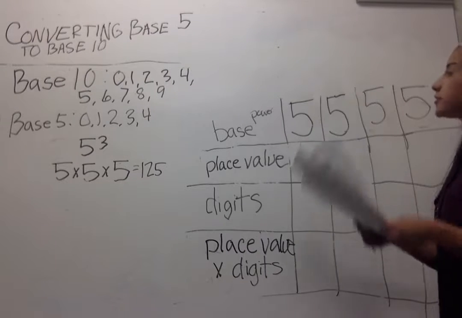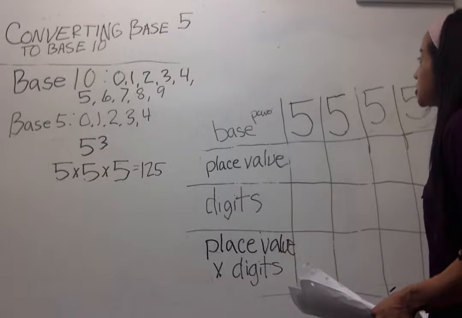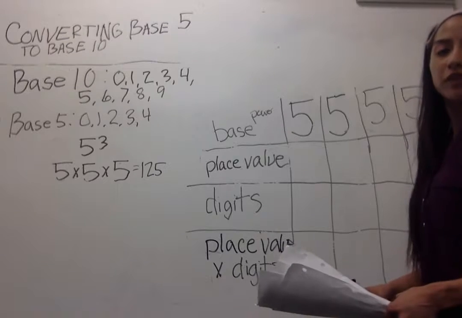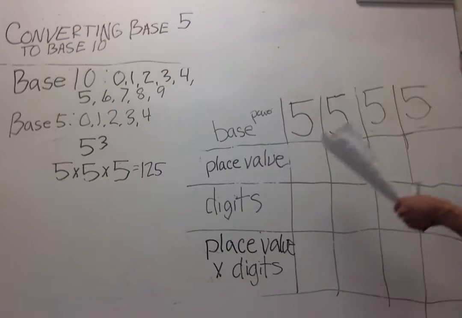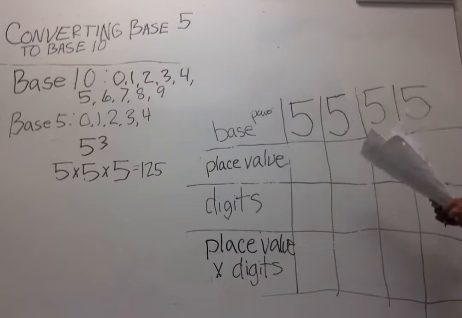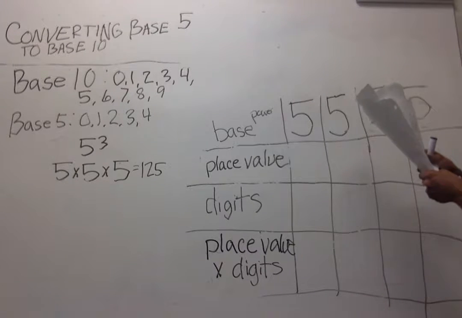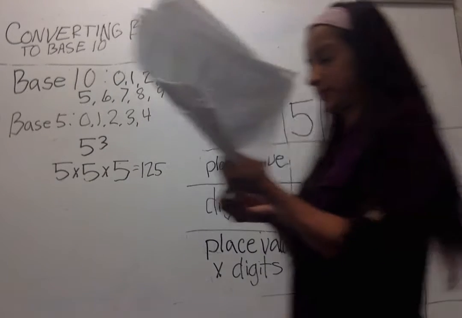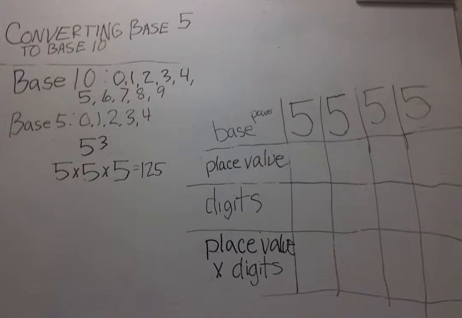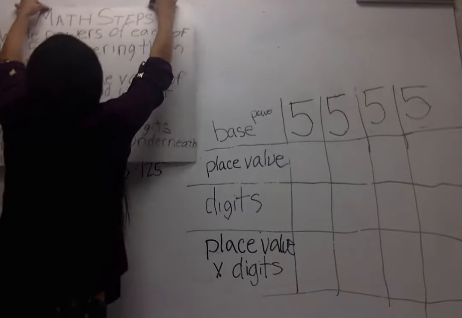The third row would be filled with the digits from the problem we are working on, and the fourth row is a calculation of the place value multiplied by the digit. So I had already written these math steps down so you can follow along.